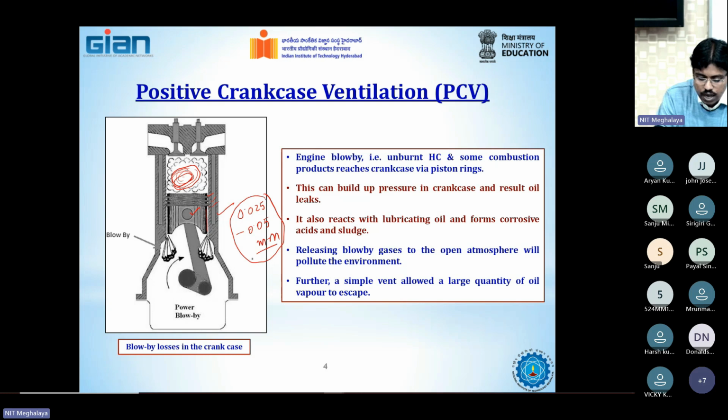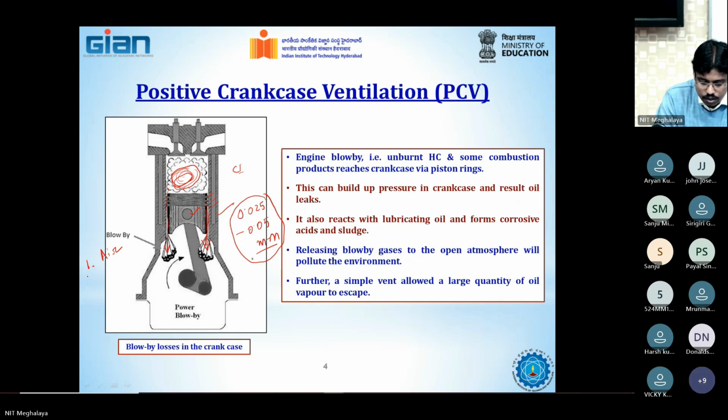Because of this high pressure, the gases can leak through this porous layer and come into the crankcase. There are three possibilities of gases which can come through this zone. Possibility number one, only air can come, if it is a diesel engine or CI engine. For a CI engine, only air can pass through when there is a compression stroke going on.